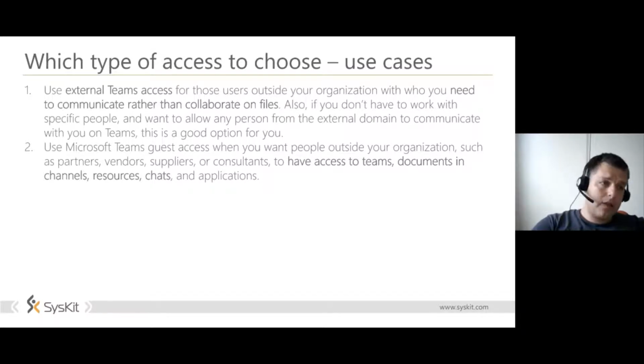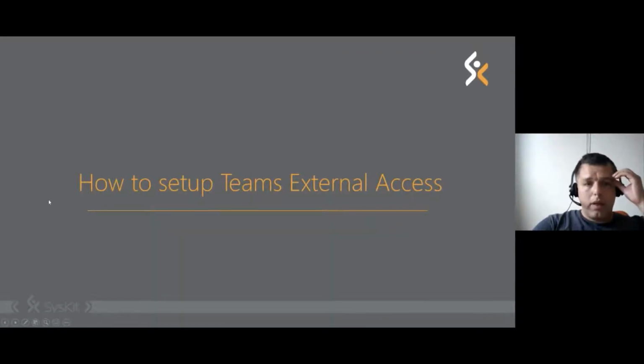Once you add those people from the marketing agency, they will be marked with the guest tag. Okay, now I will try to explain how, really simply, to set up the external access and the guest access in your Microsoft Teams tenant.